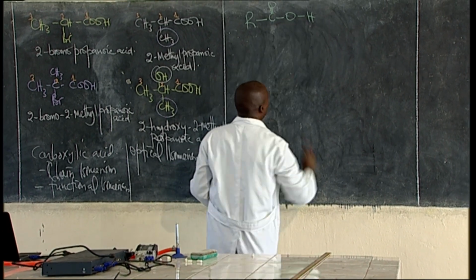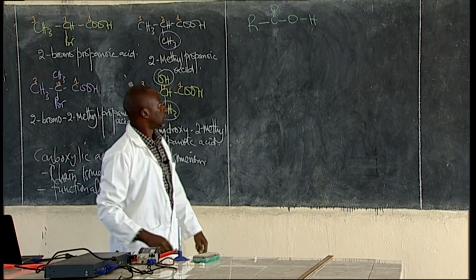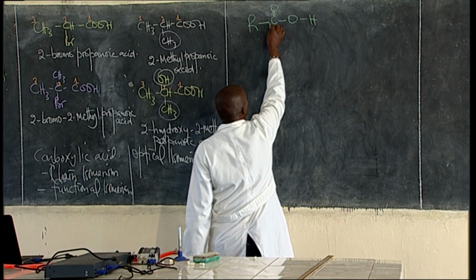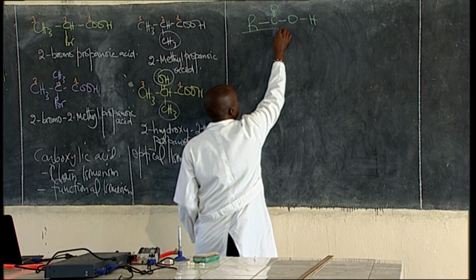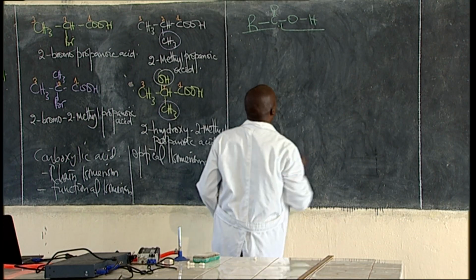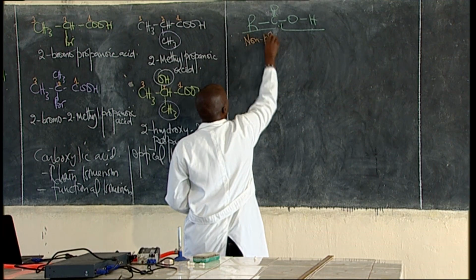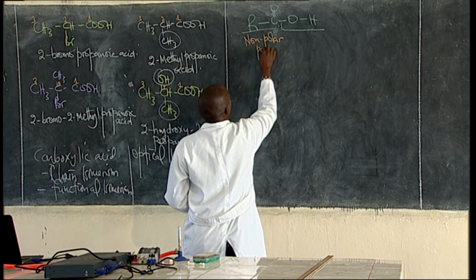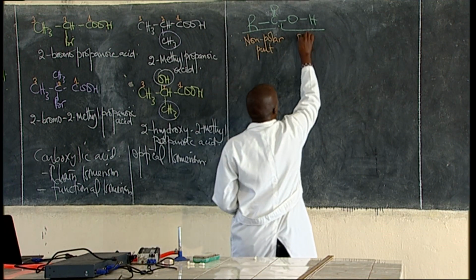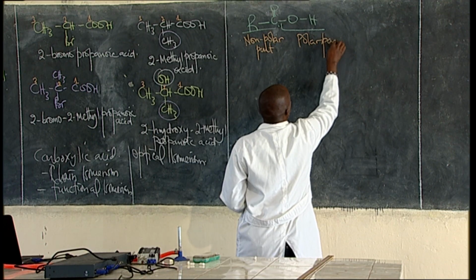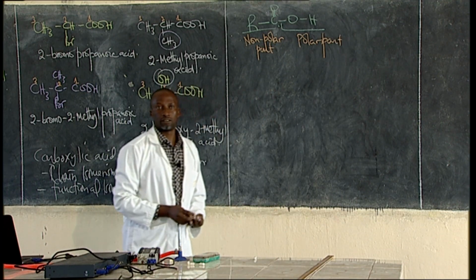If R represents an alkyl group, then this bond here is polar. This is a non-polar part, and this is the polar part. So it has got two parts.